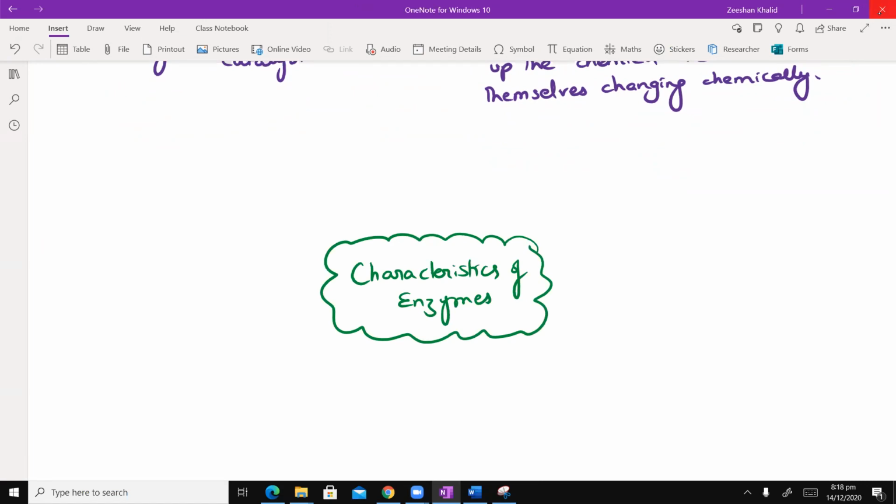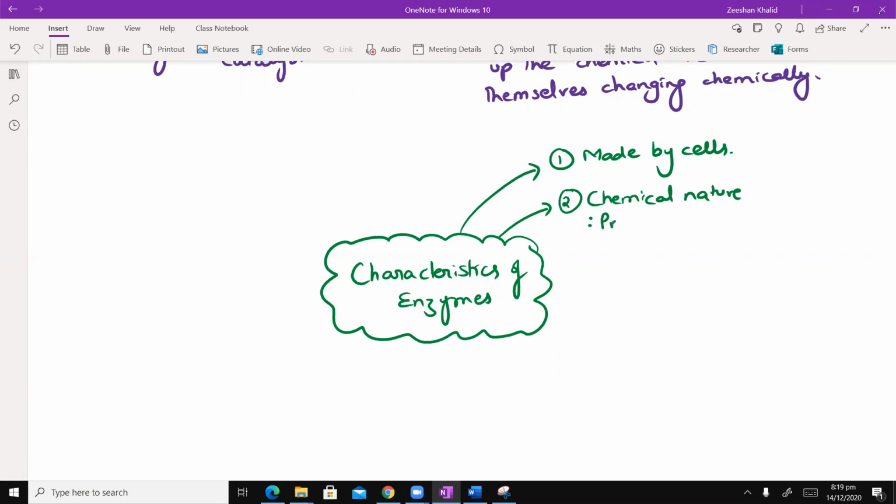Okay, so the first thing, bacho, that we need to know about enzymes is that they are made by cells. Yani ki the cells manufacture enzymes, okay? And of course, their chemical nature is protein. Chemical nature is protein. They are proteins in nature.